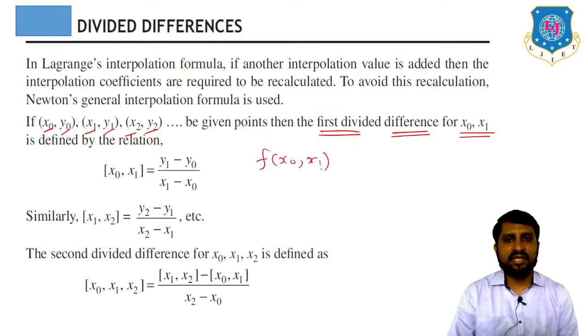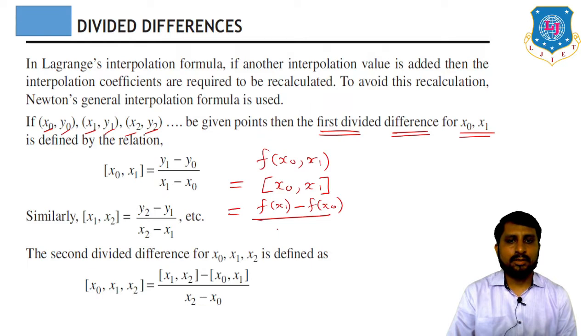Sometimes we use this notation in a big bracket, x0, x1, that is equal to f of x1 minus f of x0 upon x1 minus x0. We know that f of x1 is y1 and f of x0 is y0, so this can be written as y1 minus y0 upon x1 minus x0.